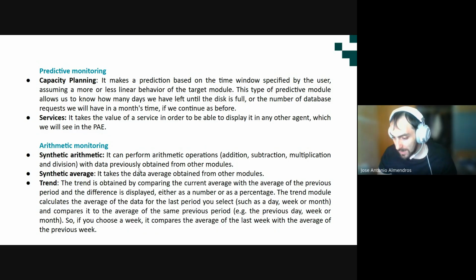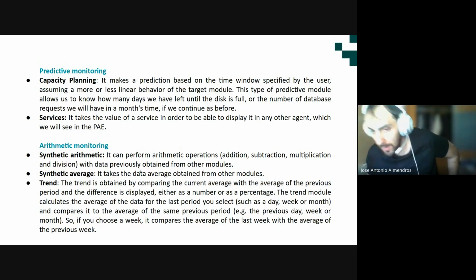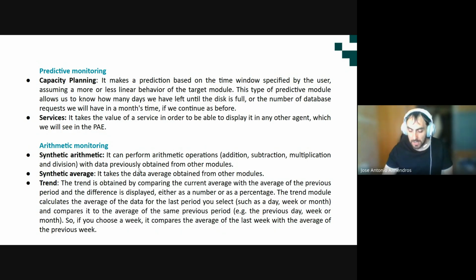A specific example that is very easy to understand is if we are monitoring the input traffic, or the incoming traffic, on a network device interface, and the outgoing traffic in the same interface, and we want to monitor the total traffic on the interface.